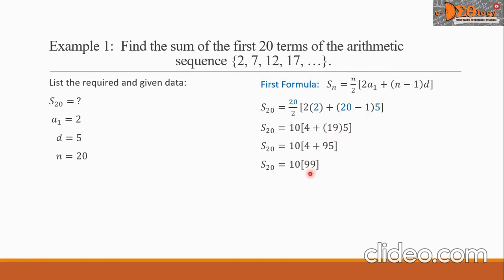We will get 99. Still the number 10 is copied down here, and the S sub 20 is here. So 10 times 99 is 990. It means the sum of the first 20 terms of the given arithmetic sequence is 990. This is our final answer.